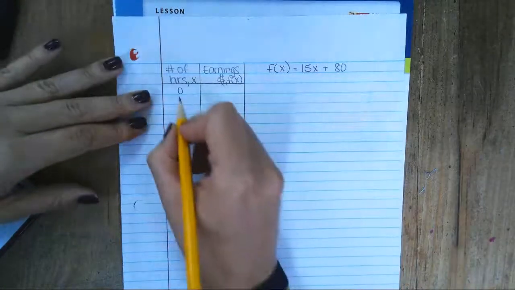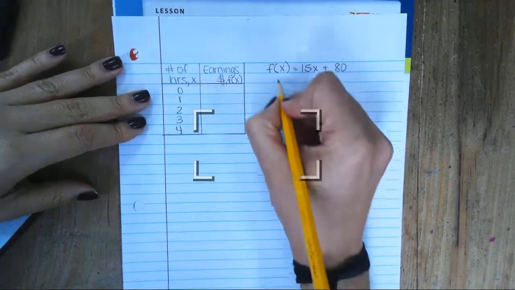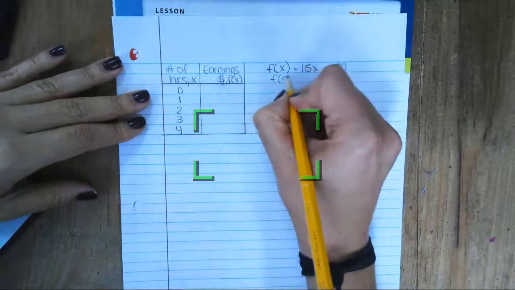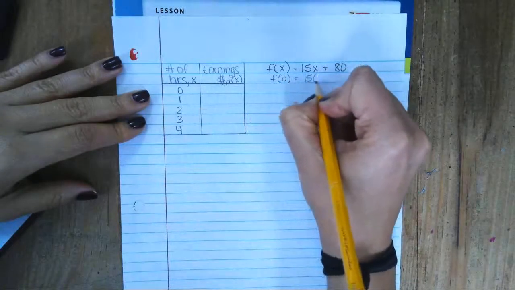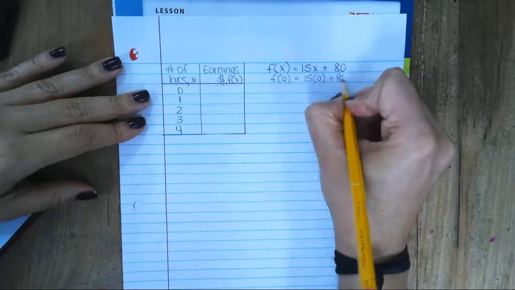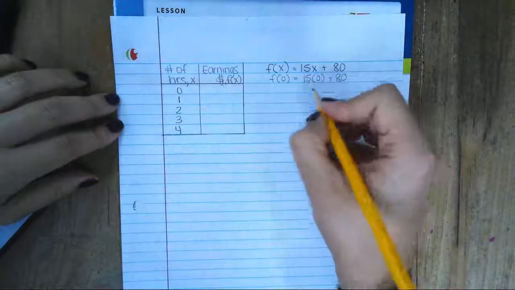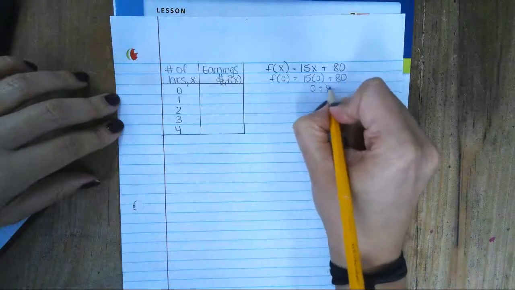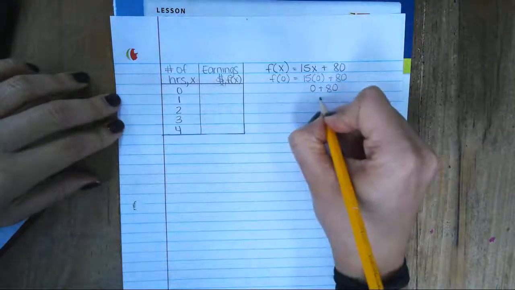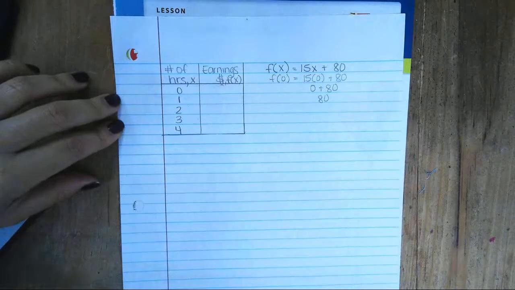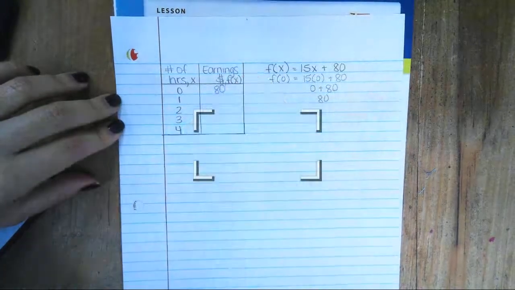So right here we have x is 0, so we can go ahead and do f of 0 equals 15 times 0 plus 80. And so we can go ahead and start doing our calculation. So 15 times 0 is 0, and 0 plus 80 gives us 80. And so that is how we get this first value.